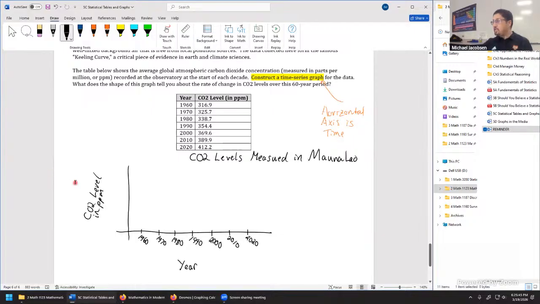So our variable goes in this location. And we might as well mention that as well. Vertical axis is the quantitative variable.